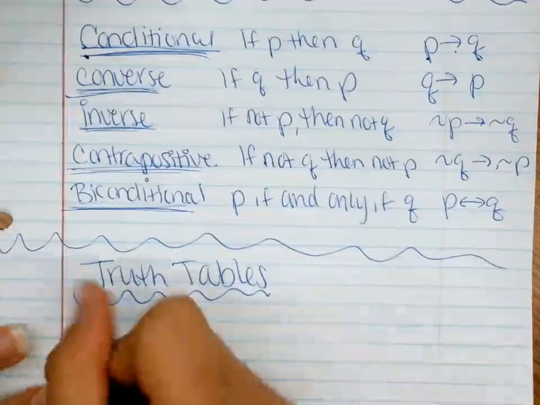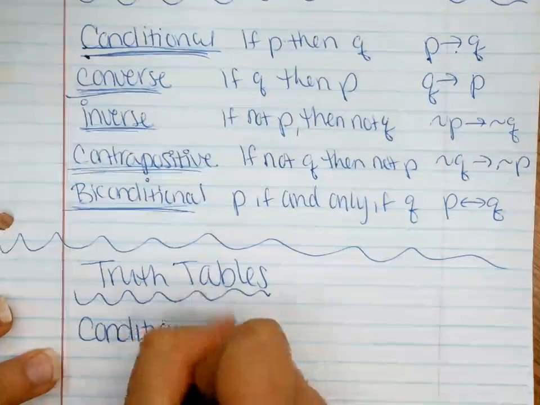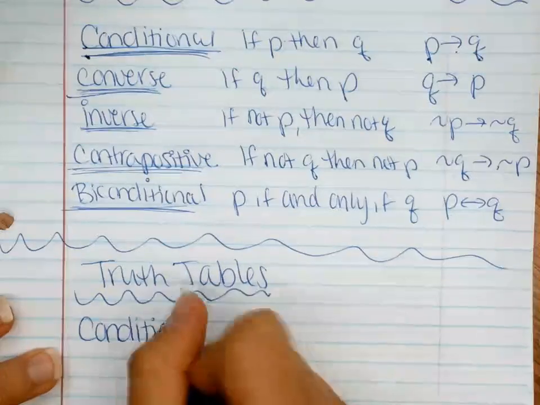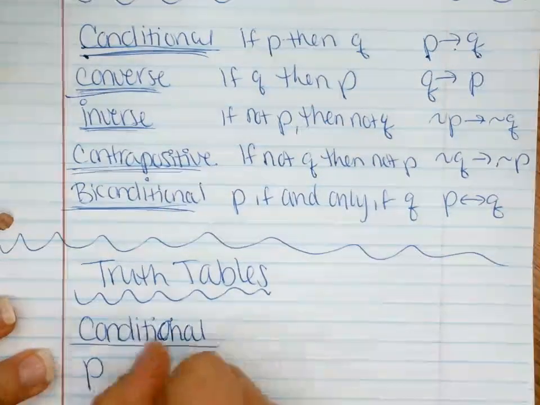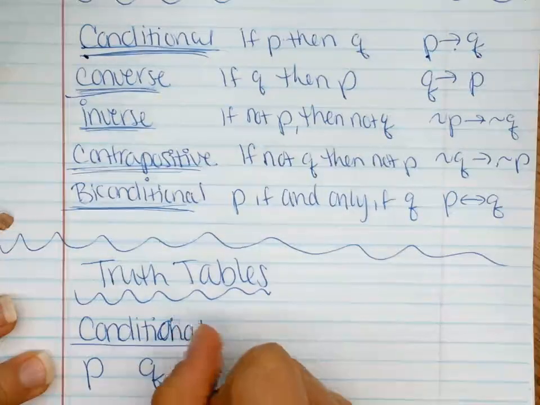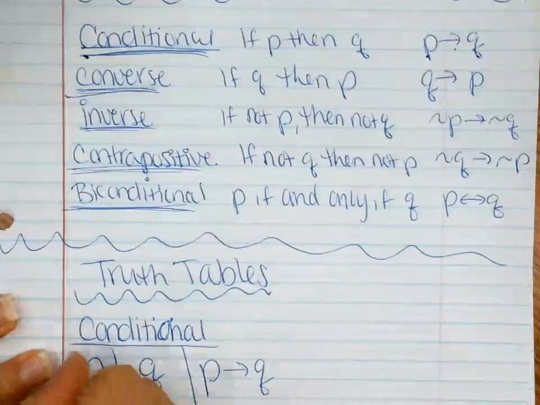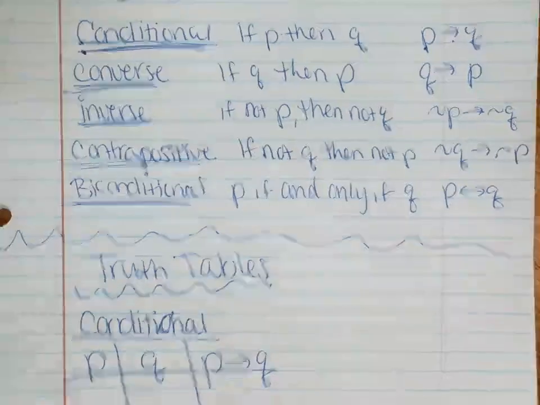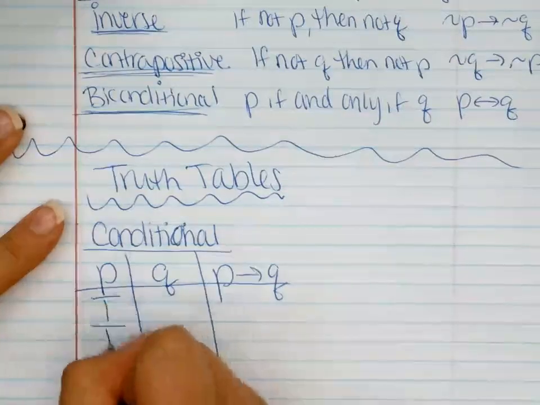So that is going to make the truth table for the conditional. So I would have a P, a Q, and I would have for conditional, if P, then Q. So on all truth tables, we always start out with the same thing for our P's, because it could either be true or it can be false.